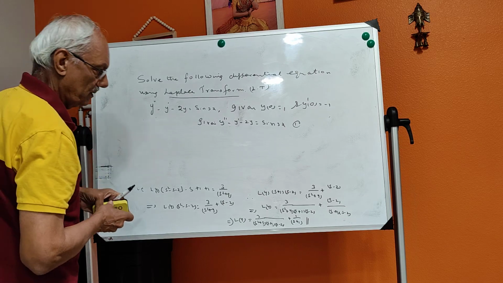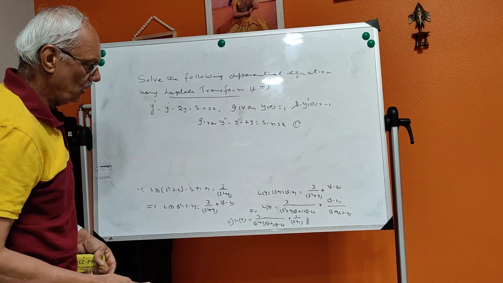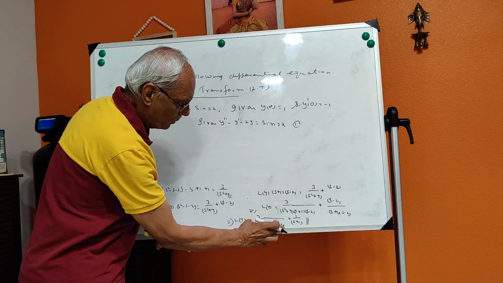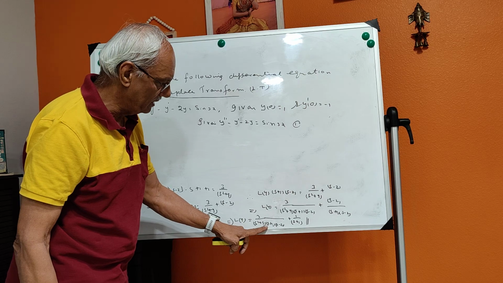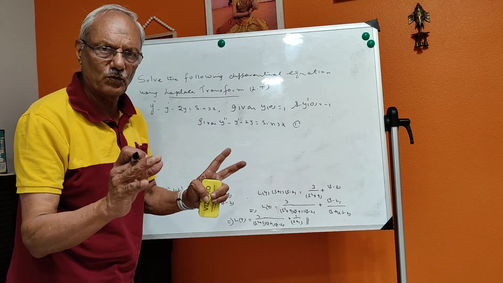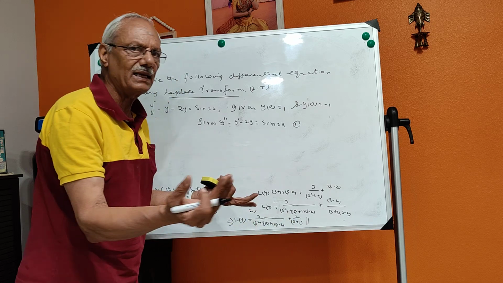I will not disturb this small fraction. I will take only this and split it into small fractions, so that I can add it afterwards with this and get the answer.